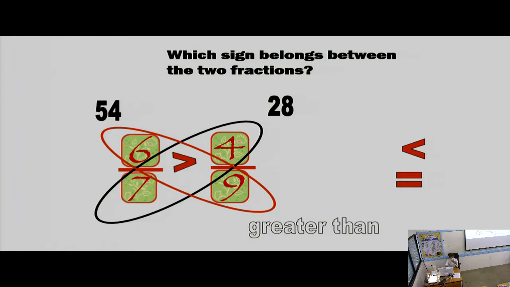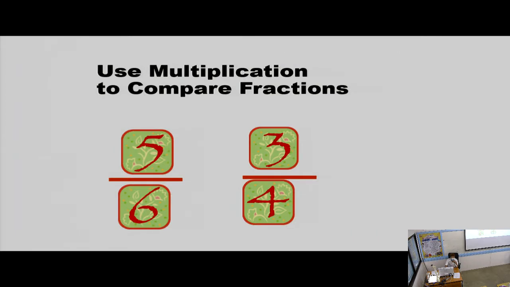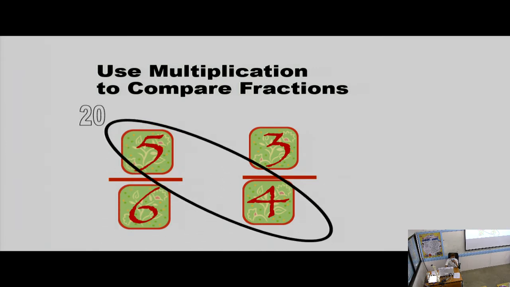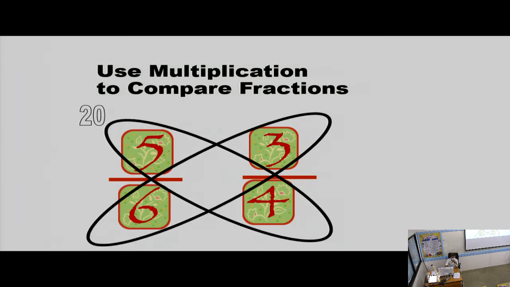That's how you're going to do it. How about this one? What symbol? So 5 times 4 is 20. 3 times 6 is 18. So what symbol? The more than symbol. Now I'm going to call people.